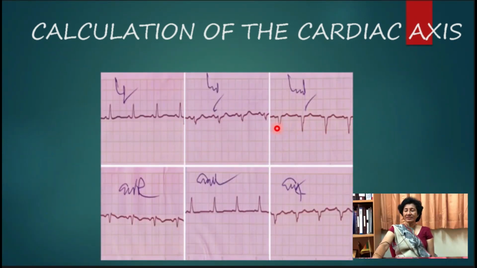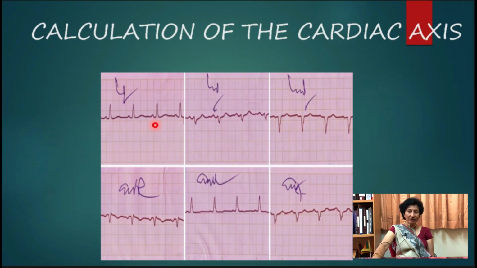Let's analyze this slide's axis. In lead 2, there is negative polarity. That means it could be left axis deviation or extreme axis deviation. Second step, move to lead 1 and lead 3. In lead 1, there is positive polarity.